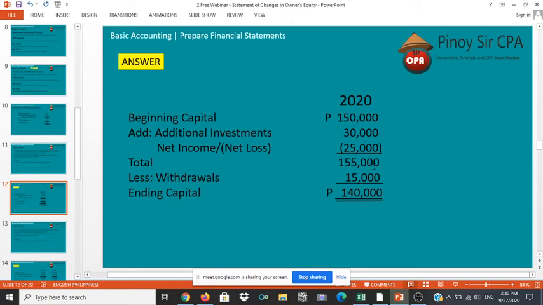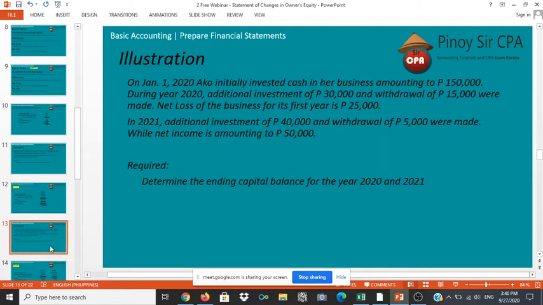Tama? Now, deduct the withdrawals. That is 15,000. And that's how you arrive at the ending capital for 2020, 140,000. Okay? So, okay tayo dyan. Babalik ako sa problem.